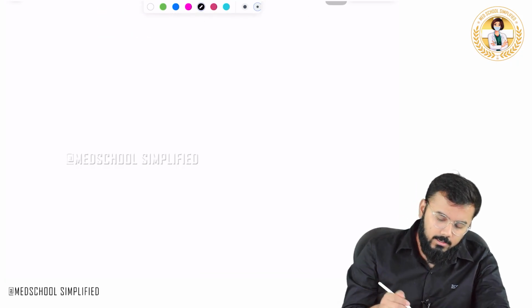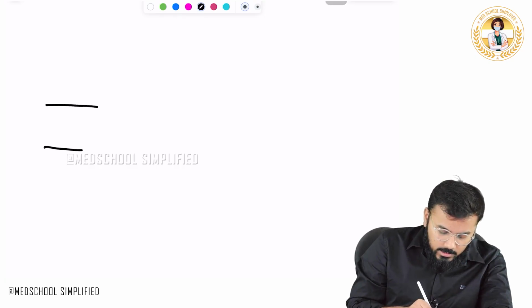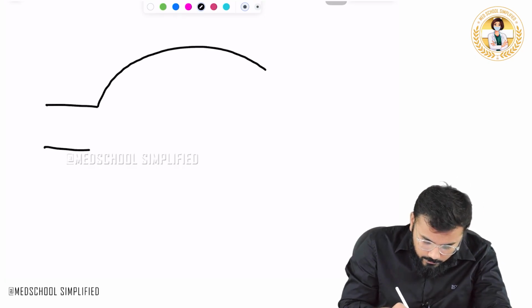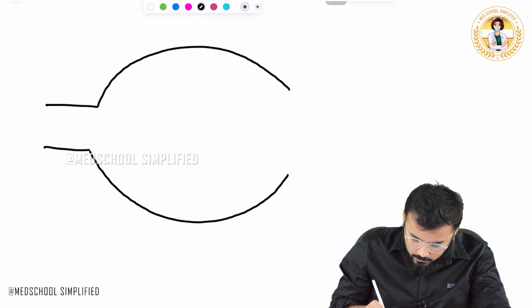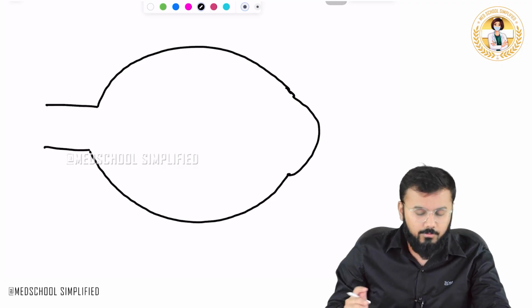So if you look at the eyeball, this is the eyeball like this. This is just a rough picture of your eyeball.